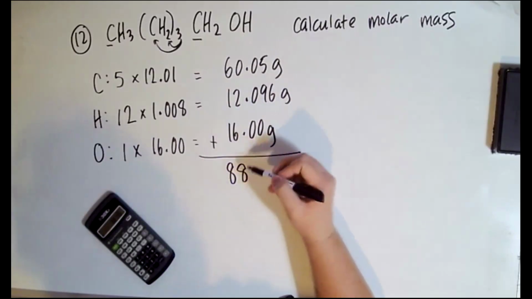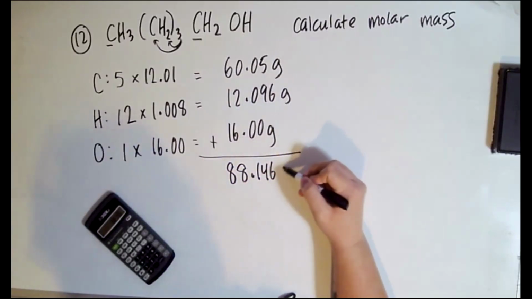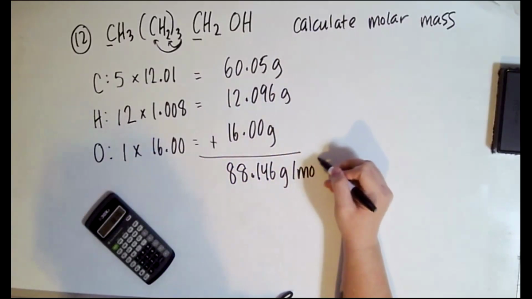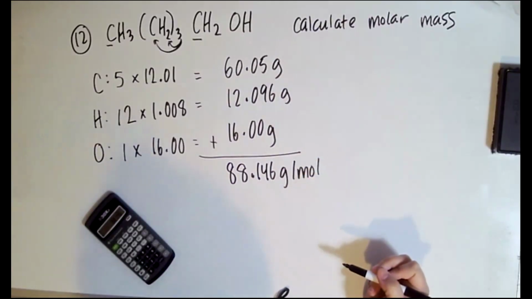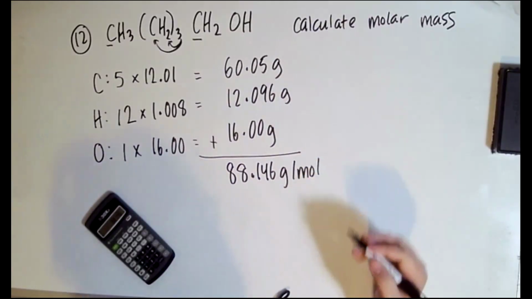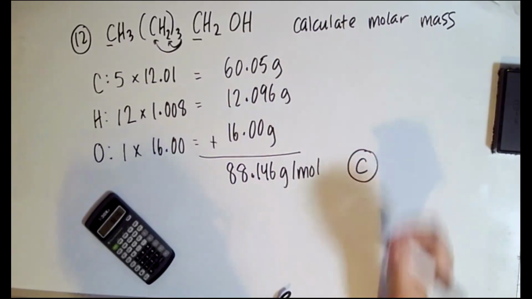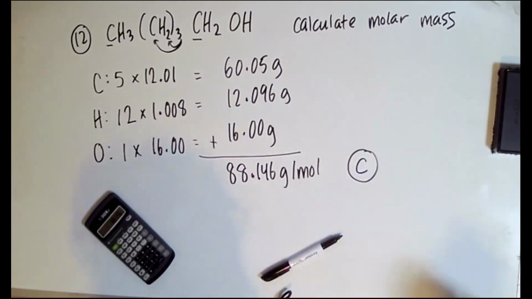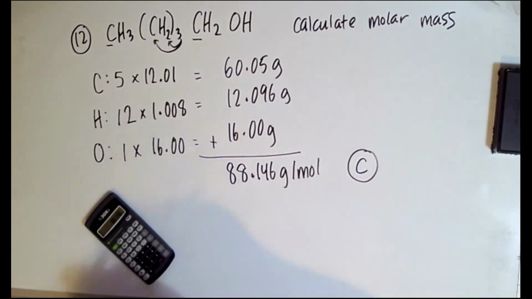And I'm going to get 88.146 grams per mole, which is my unit for molar mass. And that is going to match choice C on my answer choices. Okay.